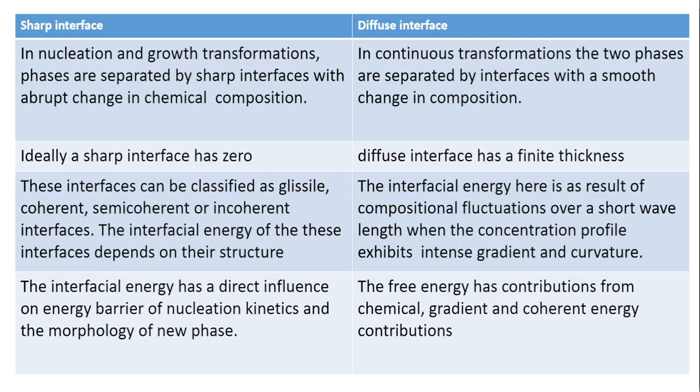The sharp interface, in nucleation and other types of transformations, phases are separated by sharp interfaces with abrupt change in chemical composition. In continuous transformations, the two phases are separated by interfaces with a smooth change in composition. Composition changes from that of one phase to that of another over a length scale which is finite. Ideally, a sharp interface has 0 thickness. Diffuse interfaces have a finite thickness.